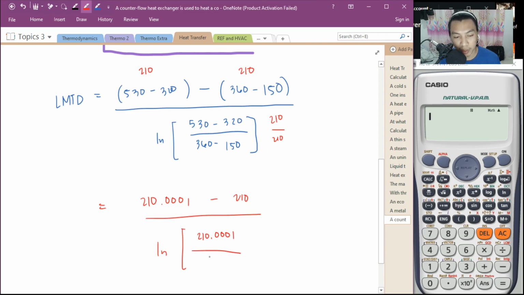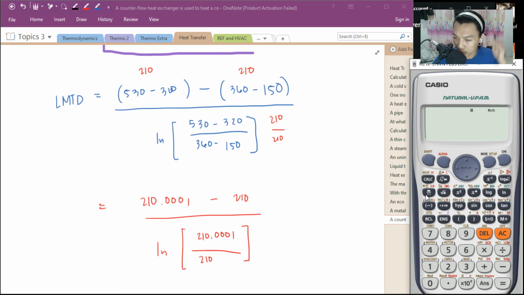Enough na yon. That is 10 thousandths. And then 210. You can get a value for LMTD. Okay, tignan natin. So, the value is 210.0001 minus 210 divided by the ln 210.0001 divided by 210. You can get an answer with that. So, the answer will be 210 degrees Fahrenheit.